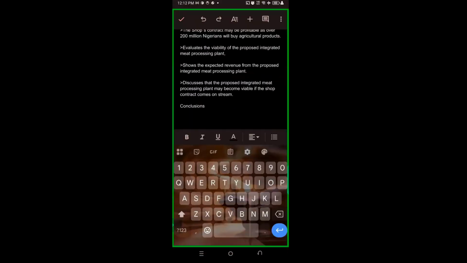So conclusion, contracts, many contract terms are uncertain and may require further clarifications from D-Shop.